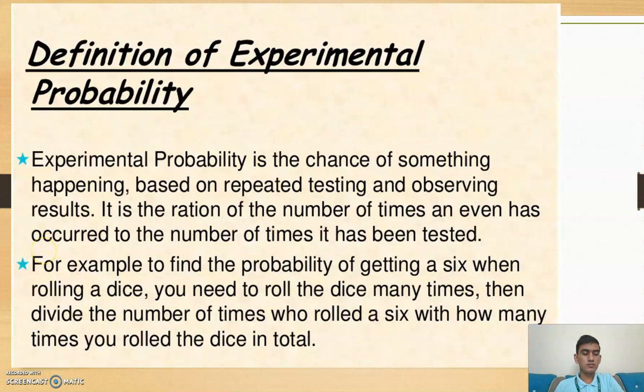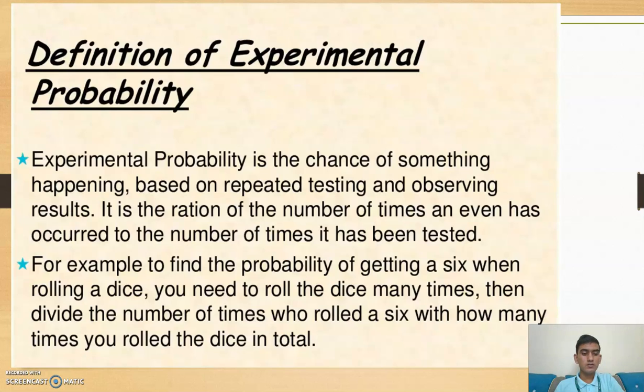Before knowing the mean of a binomial distribution, first we should know what is probability because it is related. Probability, experimentally, is the chance of something happening based on repeating testing and observing results. It is the ratio of the number of times an event has occurred to the number of times it has been tested.